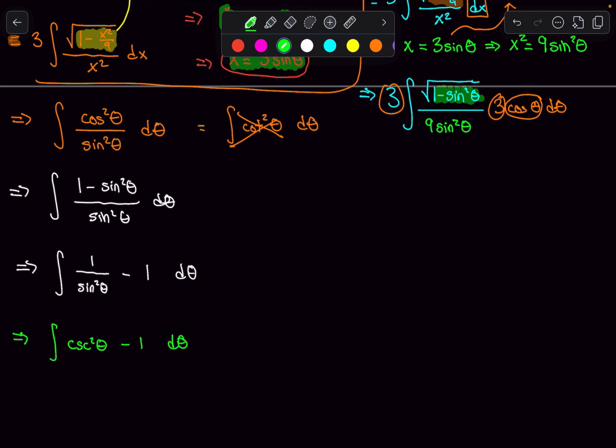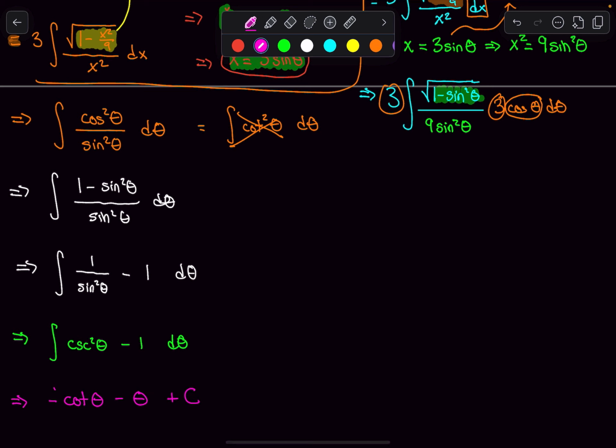And this actually isn't going to be so bad because I know that the derivative of tangent is secant squared. The derivative of cotangent would be negative cosecant squared. So this is going to make this equal to negative cotangent theta minus theta plus c.